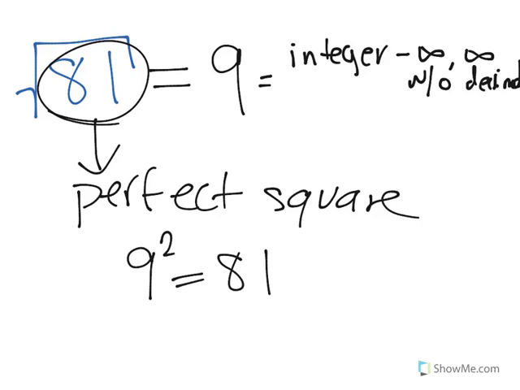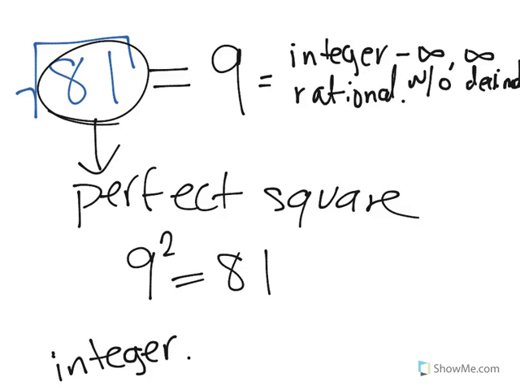And since it is an integer, we also know that it is a rational number because all integers are rational numbers.